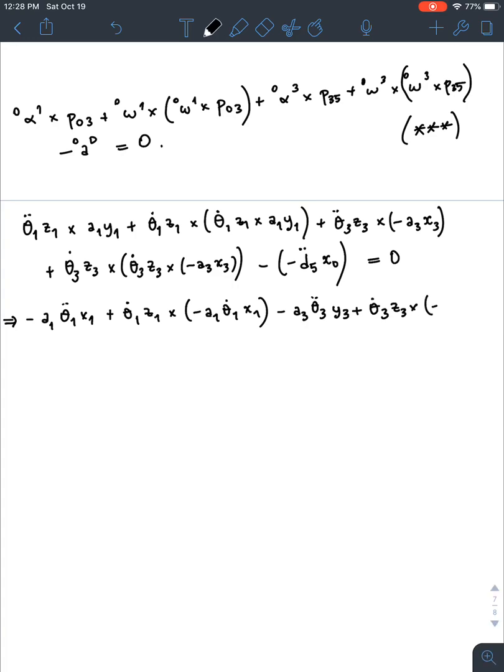I have a negative sign, so negative a3 theta 3 dot squared in the y3 direction, plus d5 double dot in the x0 direction equals 0.